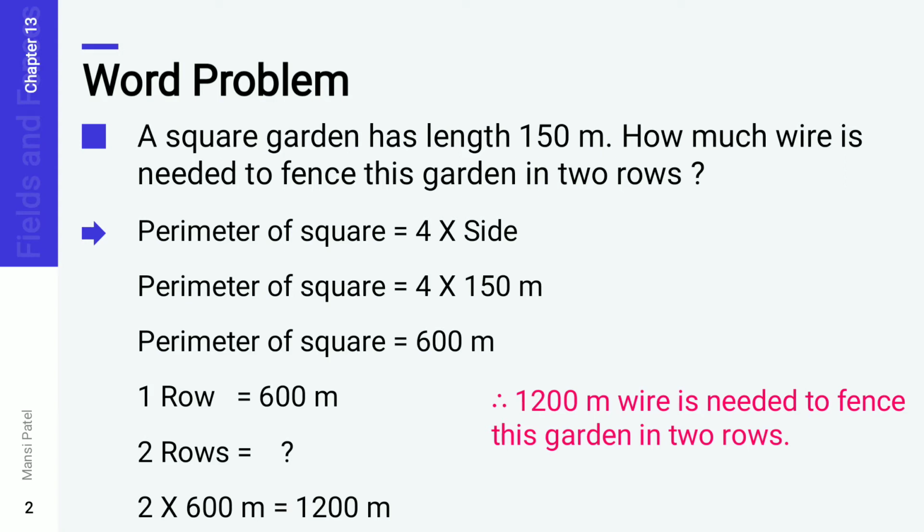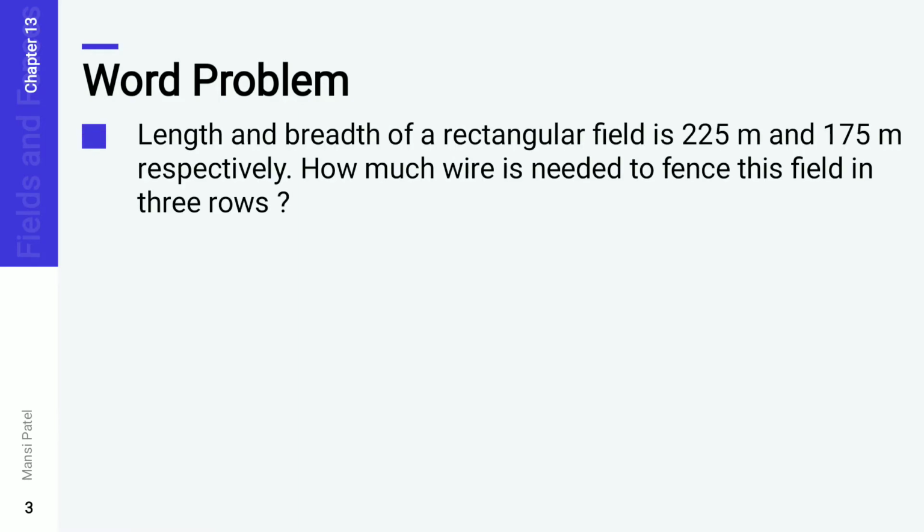Let us see another word problem. The length and the breadth of a rectangular field are 225 meter and 175 meter respectively. Now see here, they have given both things, length as well as breadth.